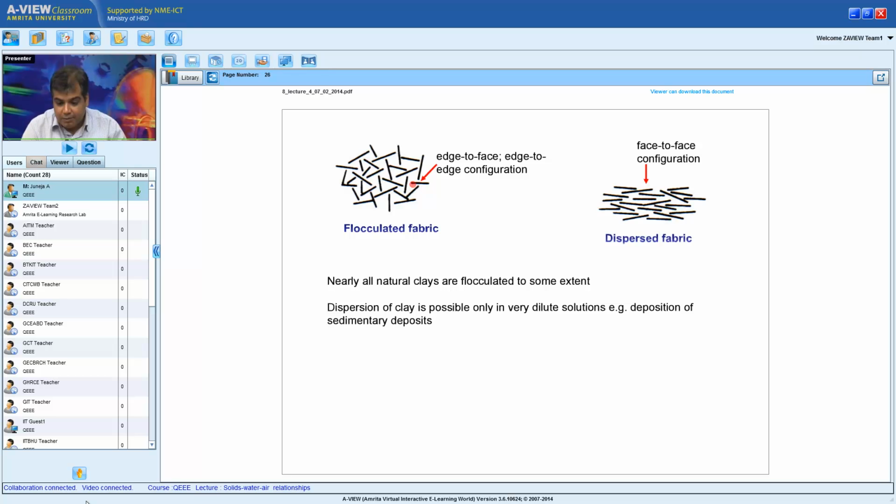If you look at some of them, for this fellow this is face, and for this fellow this is edge. So over here you have an edge to face attraction. It's much clearer over here, edge to face. There can also be edge to edge configuration. Let's see if we can find some stacking edge to edge. Yep, over here it's a nice configuration for edge to edge, meaning two edges are attracted. So that's edge to edge. In all, you will see a lot of mismatched arrangement.